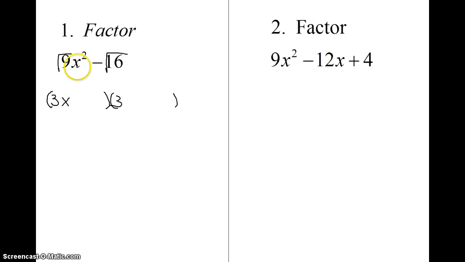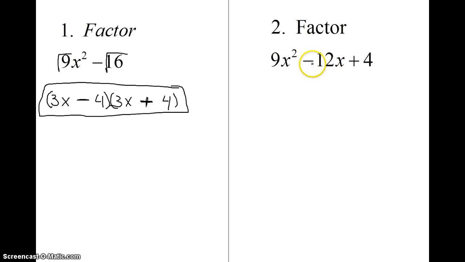We need an x and an x, because when you multiply this, you get 9x squared back. So 3x times 3x is 9x squared. The square root of 16 is 4, so you put 4 and 4. And since we have a minus in the middle, we need a negative and a positive over here. So these are your factors.